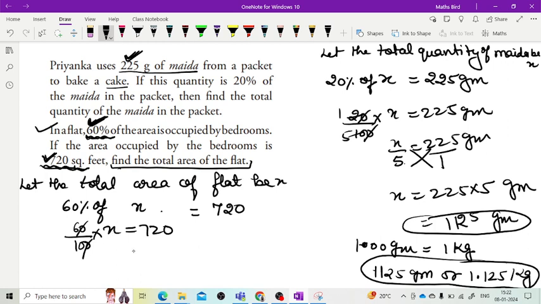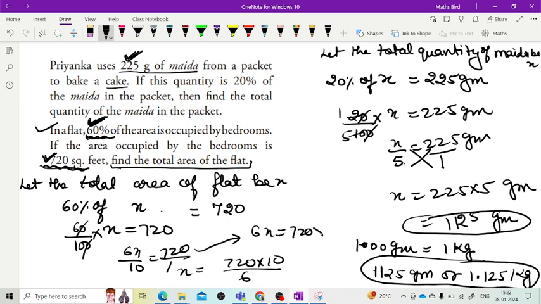Zeros will cancel out. 6x by 10 equals 720. x is equal to 720 into 10, cross multiply, upon 6. Here also you can write 6x is equal to 720 into 10.